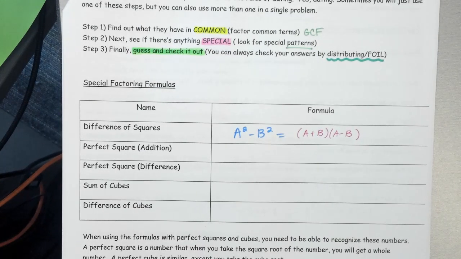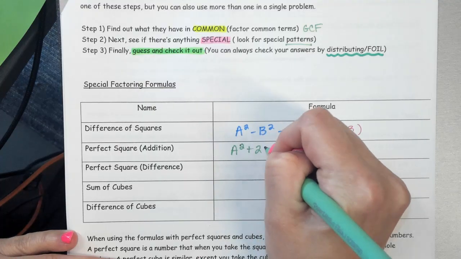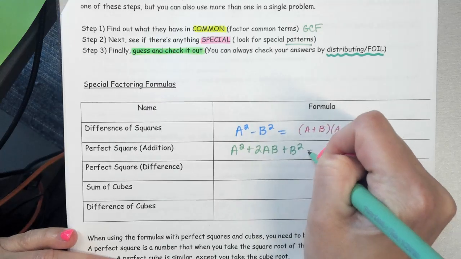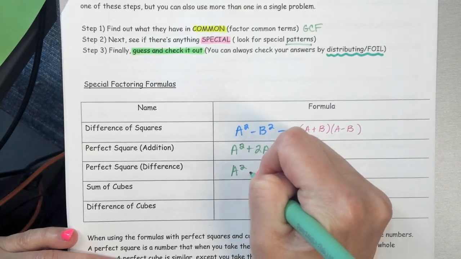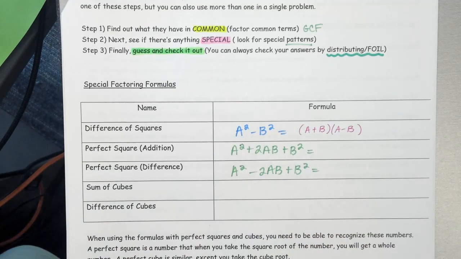The next two, you aren't necessarily going to have to know these patterns. When you go to factor, you are naturally going to unfoil, right? These are called perfect square trinomials. So you usually have a perfect square at the start and a perfect square at the finish. So you'll probably recognize that.